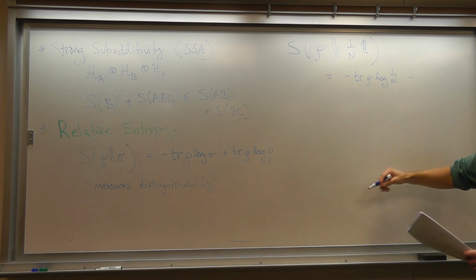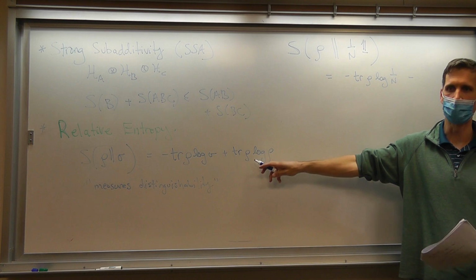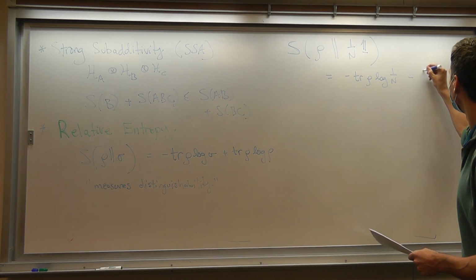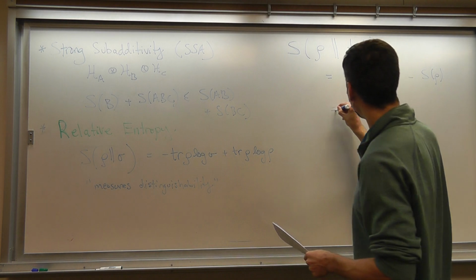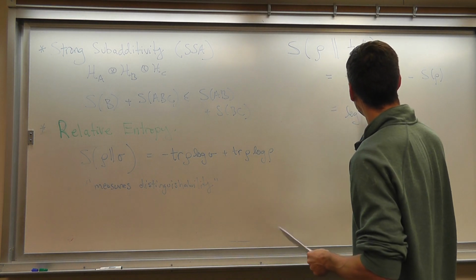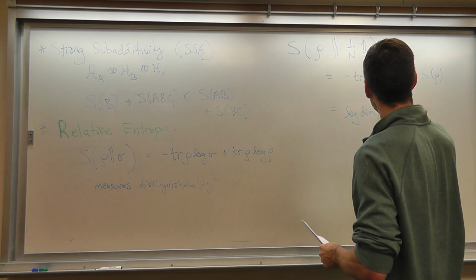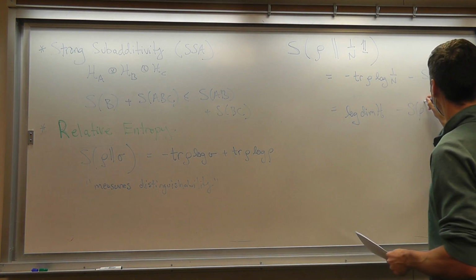The second term in the definition is just the negative of the von Neumann entropy, so minus S(rho). So this is the log of the dimension of the Hilbert space minus S(rho).